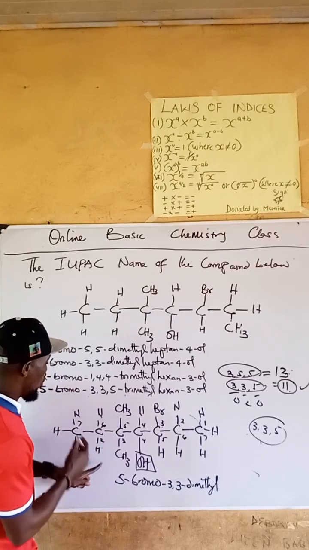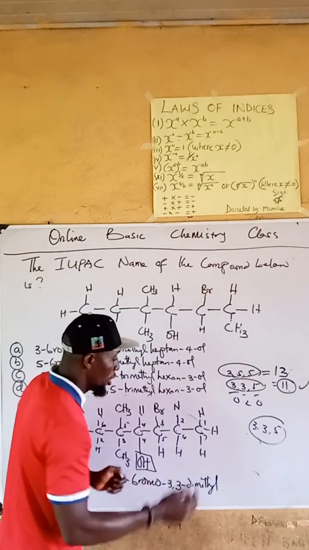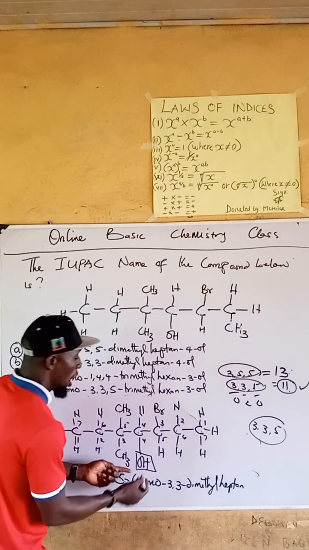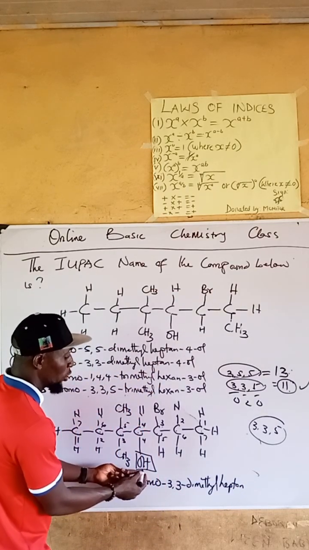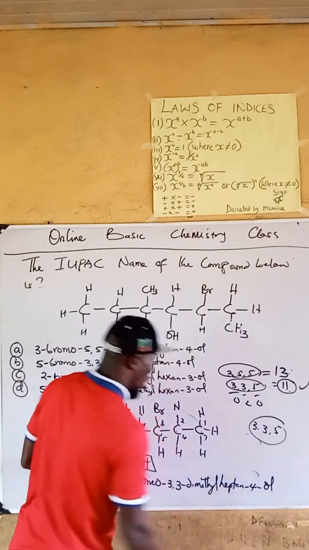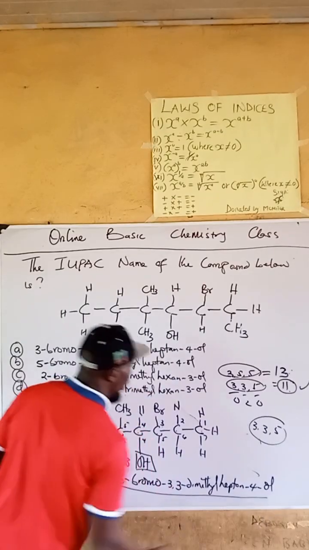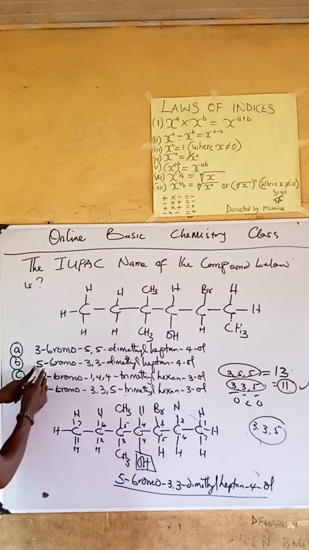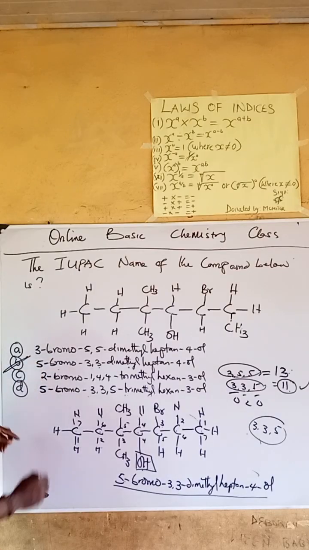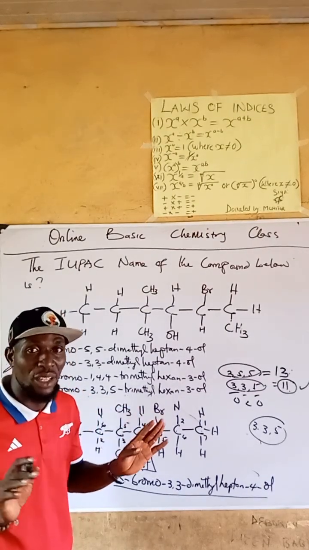Now 1, 2, 3, 4, 5, 6, 7 is hept. Heptan, and the functional group is at position 4, so heptan-4-ol. So this is the correct name of the compound: 5-bromo-3,3-dimethylheptan-4-ol. Option B. So observe all the rules and you name compounds seamlessly without stress.